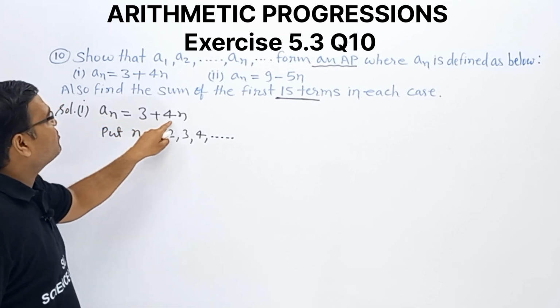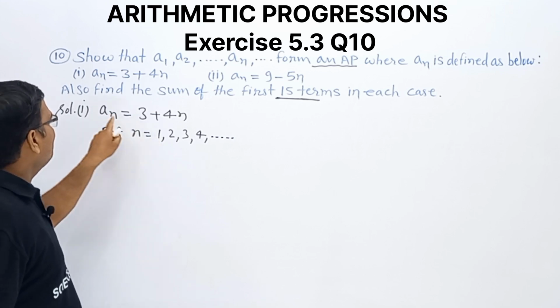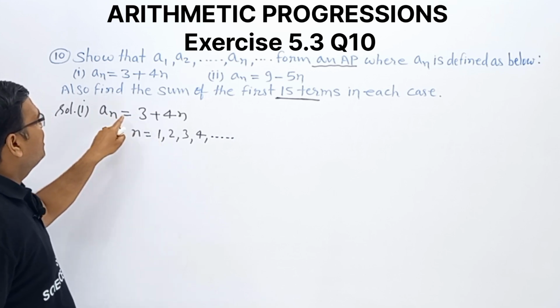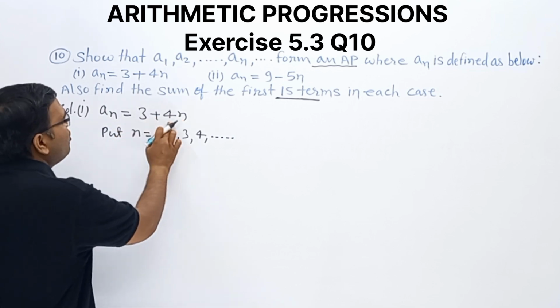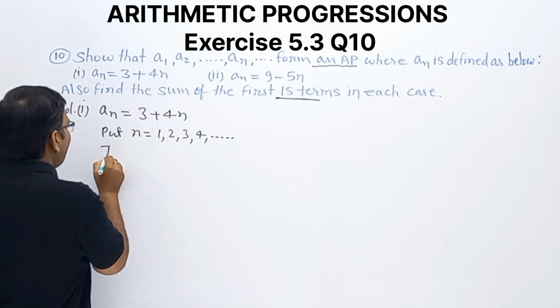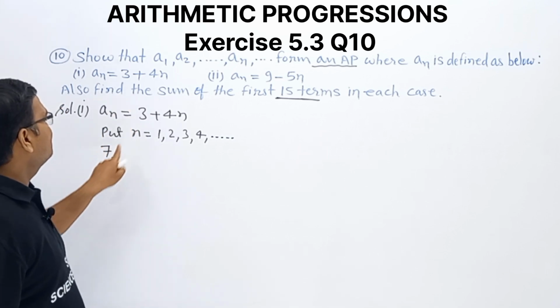A1 equals 3 plus 4n. Once we put n equal to 1, A1 value will be 3 plus 4, which is 7. So the first term of the AP, A1 value, is 7.